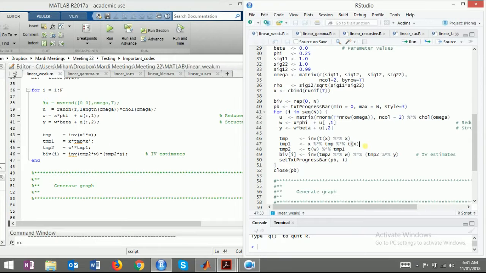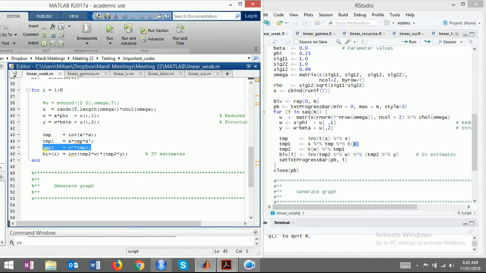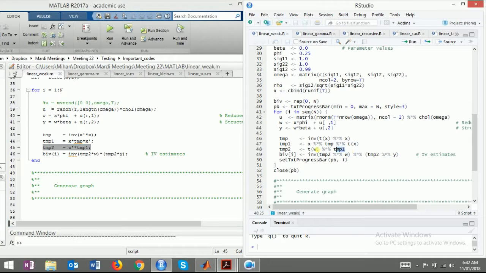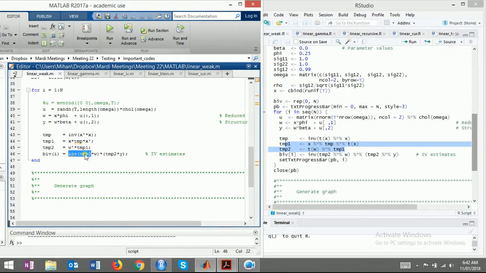Then W transpose multiplied by TMP1, just like setting blocks like Lego. W transpose multiplied by TMP1, then finally the inverse of TMP2 multiplied by W. Now you have everything.